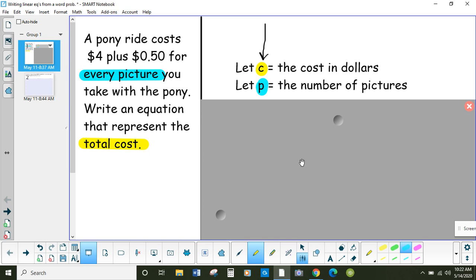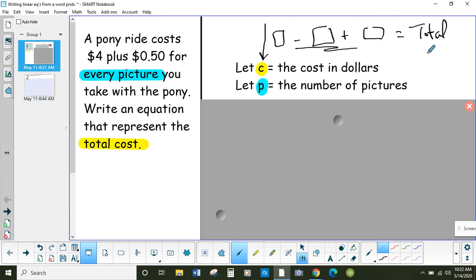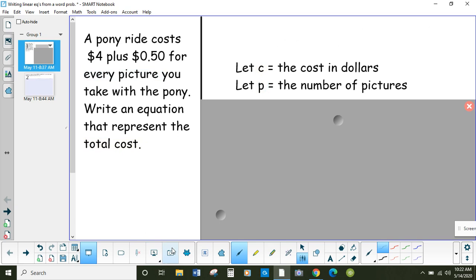Now that we have our two variables, we can write our equation. So let's make sure this makes sense, okay? Most of the time in most math classes, we have two types of equations. Either we're adding some stuff up, it could be more than one or two things, to equal a total. Some of the things you're adding up could be negative, which means some things could be subtracted. But some stuff equals a total. That's most of the equations.